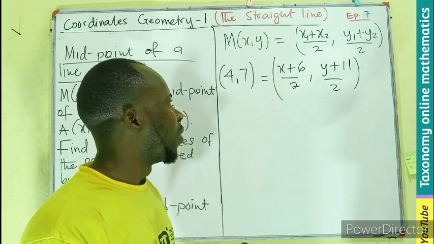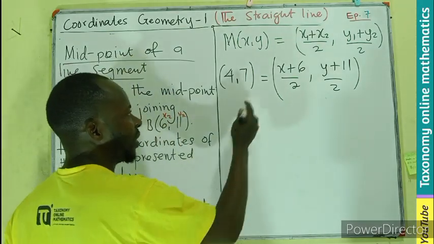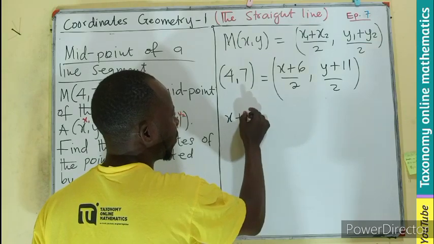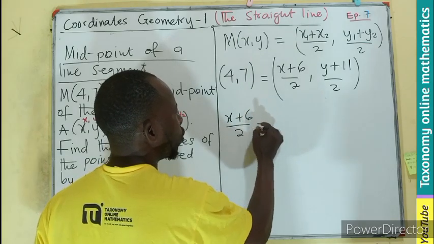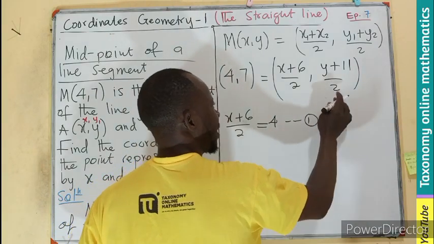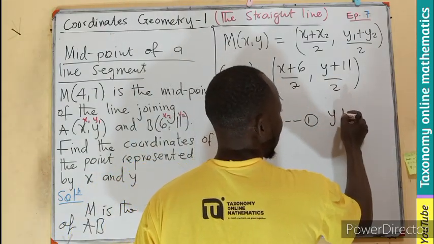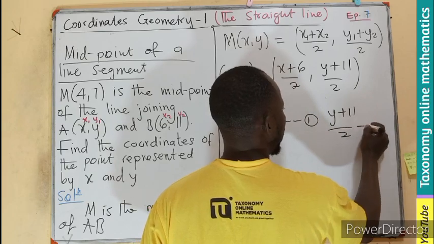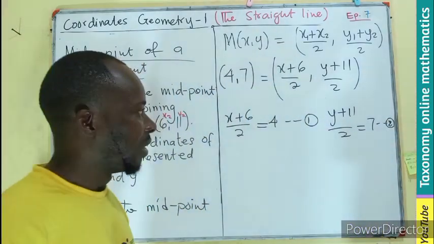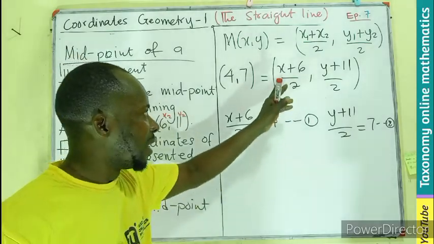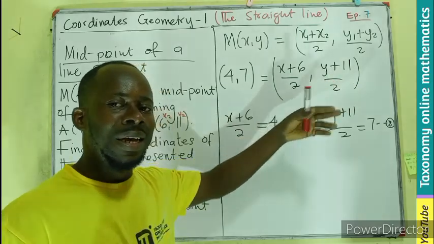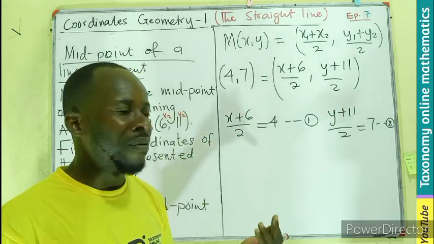But we can find an equation to say that (x + 6)/2 should be the same as 4, as equation 1. Then (y + 11)/2 should be the same as 7, as equation 2. These are the two equations we can get from here. This becomes a linear equation involving fractions.